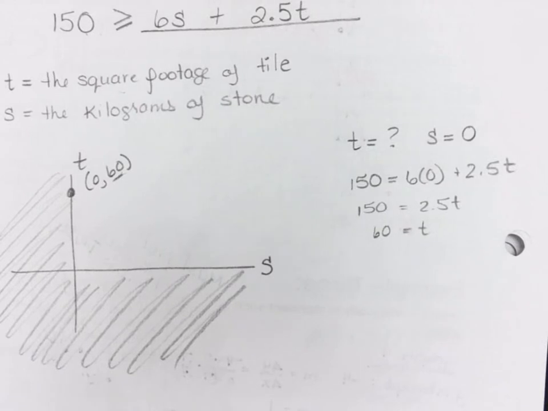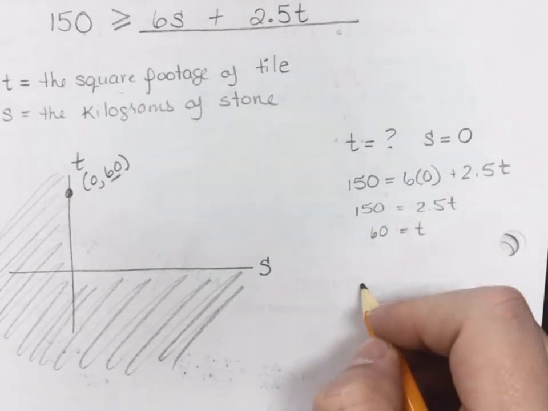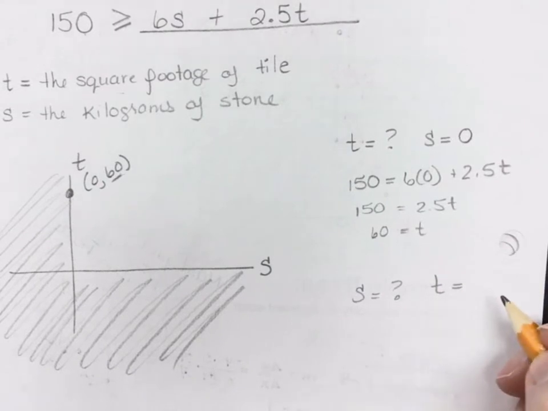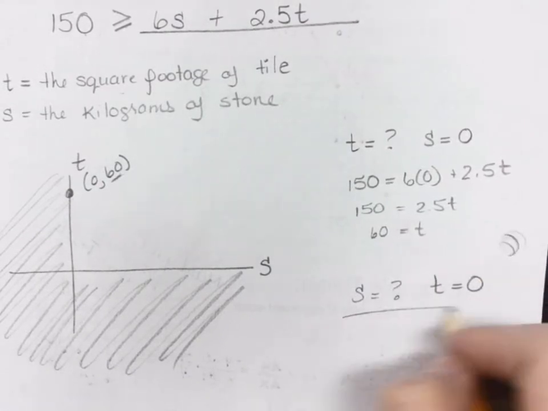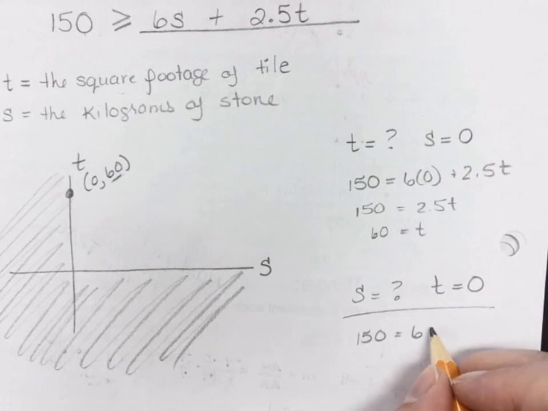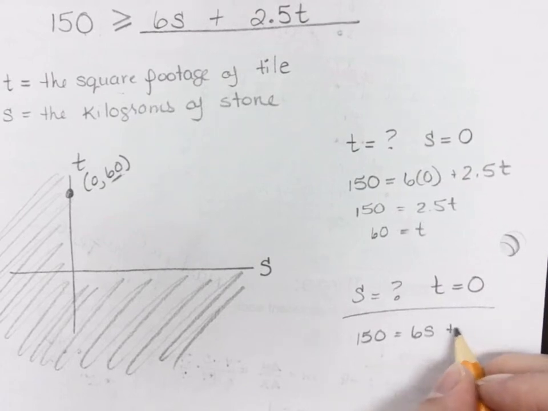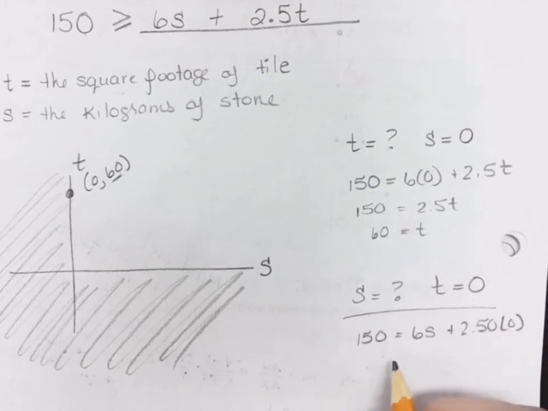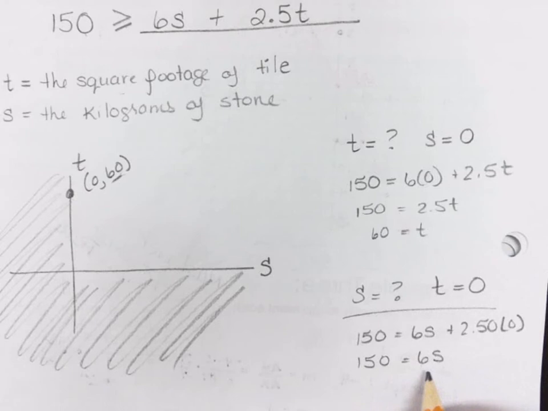There's a question on your test like this, FYI. So now if I want to find my s-intercept, what's my value of t? 0. So 150 equals 6 times s plus 2.5 times 0. So I'm going to have 150 equals 6s.